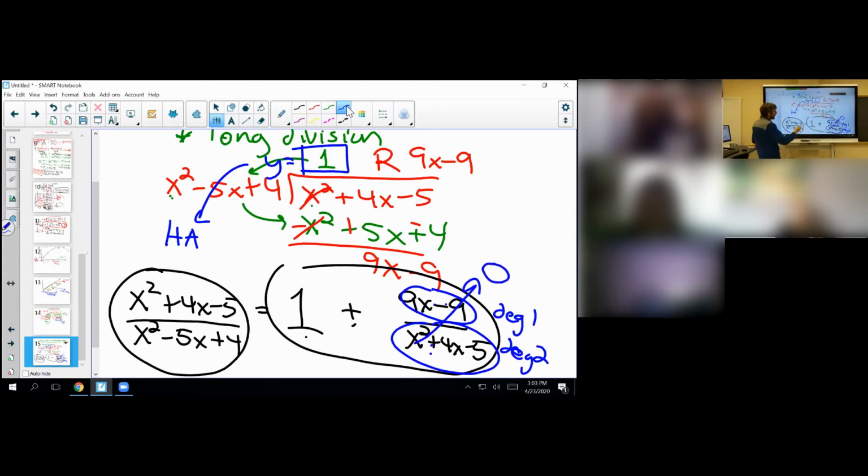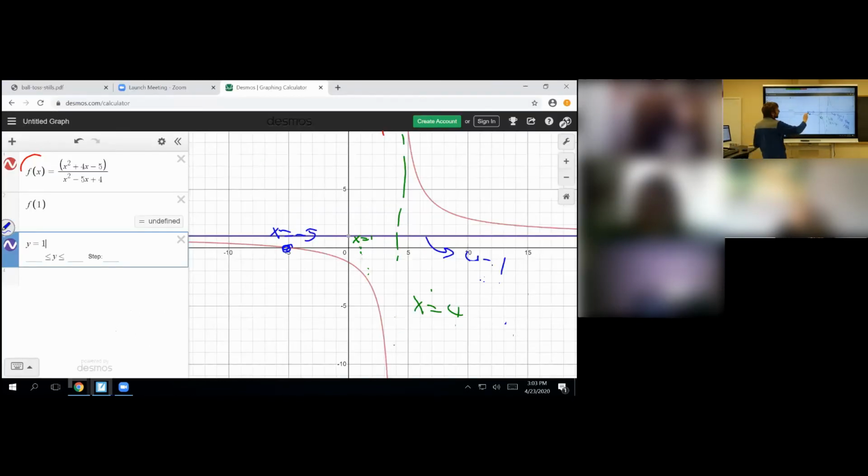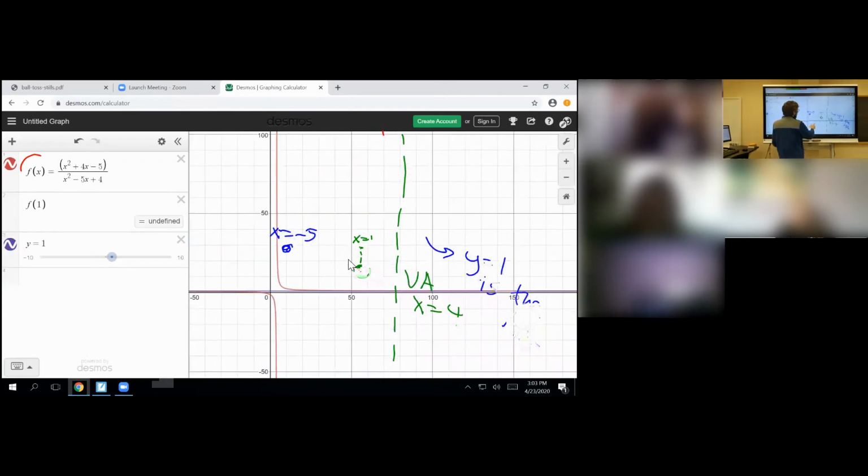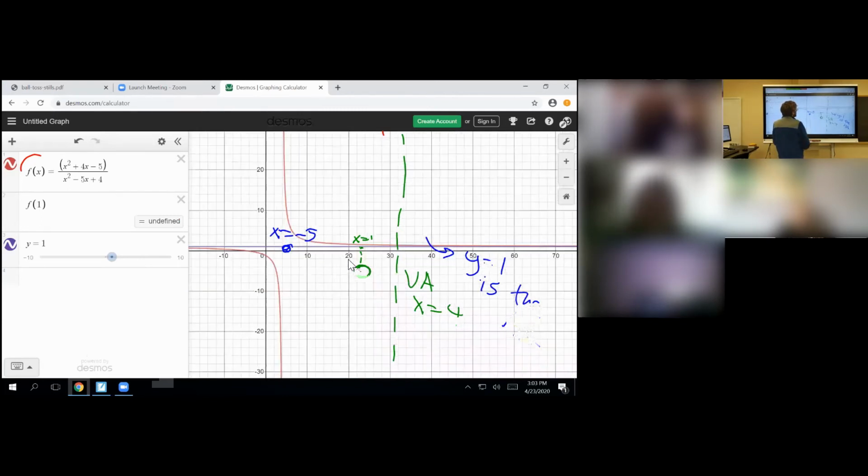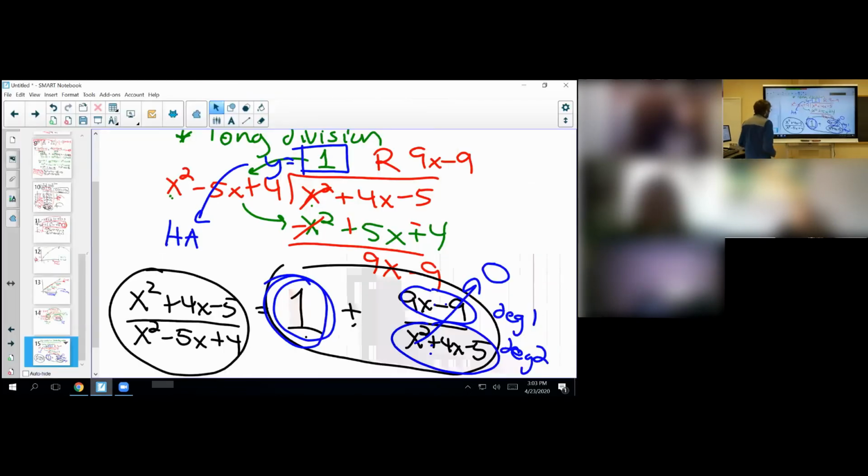And so when x is really big, that's why the function just looks like a 1. And that's what Desmos basically looks like. Especially if you zoom out here, you can see that the function just follows that 1 almost perfectly. That is why long division works: by doing the long division, you isolate the important part.